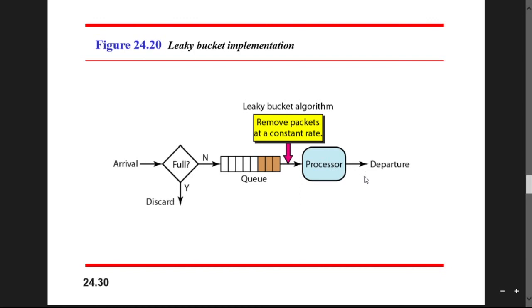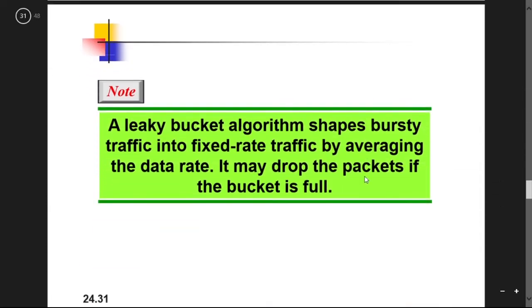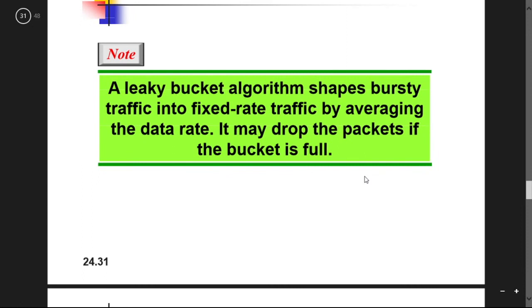So this is the leaky bucket implementation. The leaky bucket algorithm shapes burst traffic into fixed rate traffic by averaging the data rate. It may drop packets if the bucket is full. Remember, it shapes the bursty traffic into a fixed rate traffic.